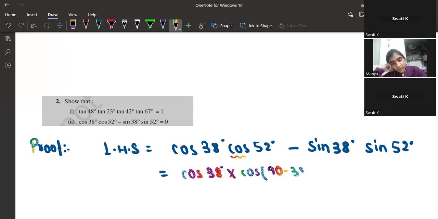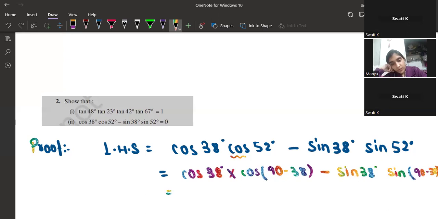Perfect. Minus, sin 38 will remain the same. Okay. Then into sin 90 minus 38. Okay, sin 90 minus 38. What is the answer?